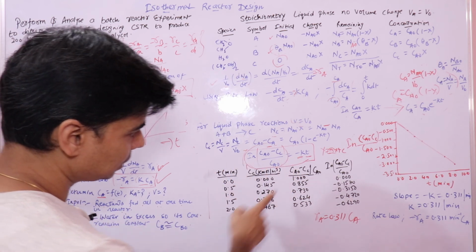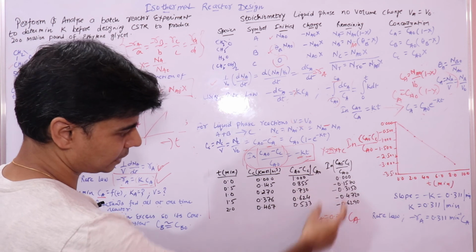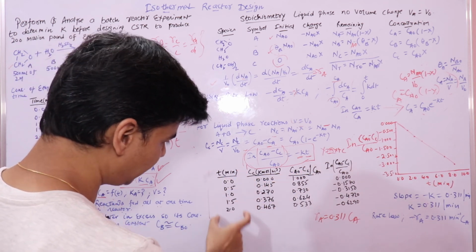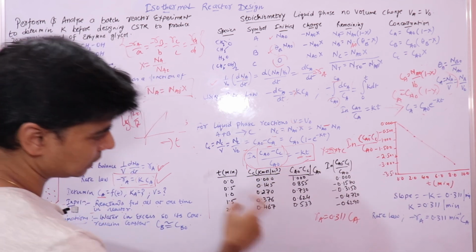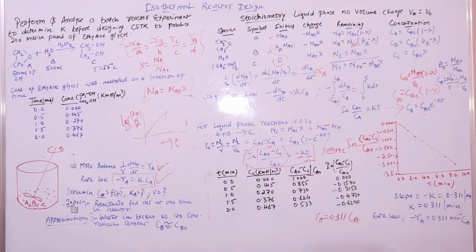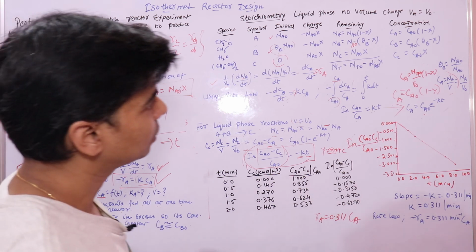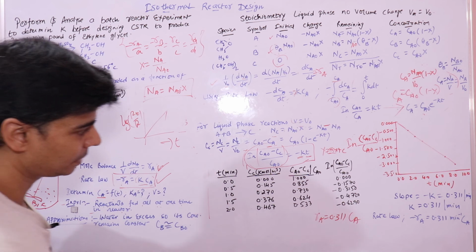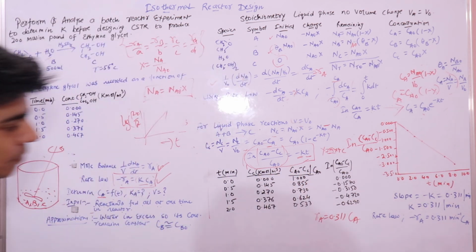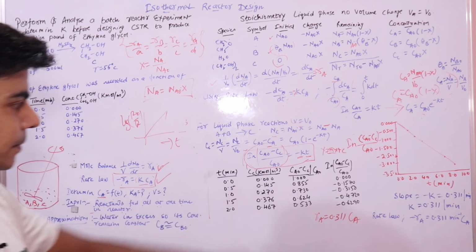If you look at this data, we have time and we have been given the concentration of C. From the concentration of C, you can find the concentration of A: CA0 minus CC divided by CA0.